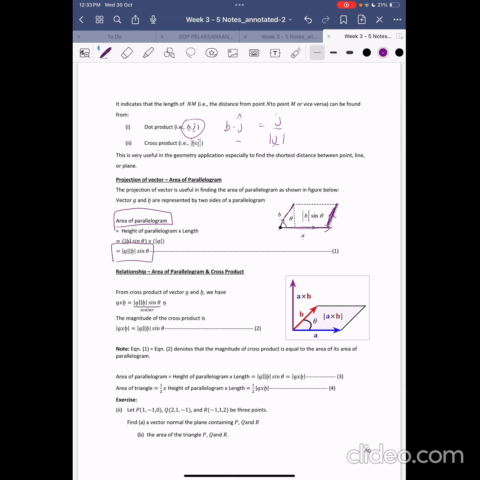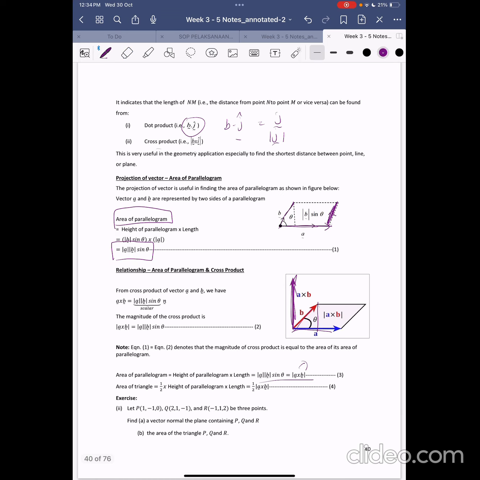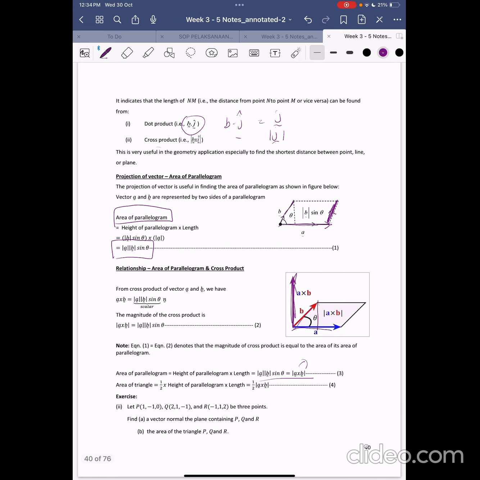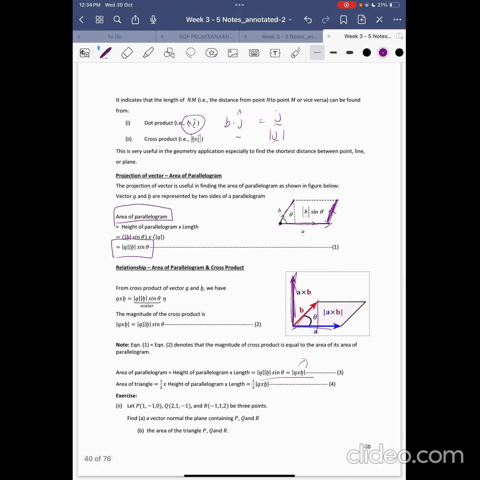And the relationship here, A cross B sine theta, you get the vector normal here. And this is the area of the parallelogram. So the area of the parallelogram can be determined by the magnitude of A cross B. And if you want to find the triangle here, it will be half multiplied by the height of the parallelogram, multiplied with the length. So it will be half of A cross B.